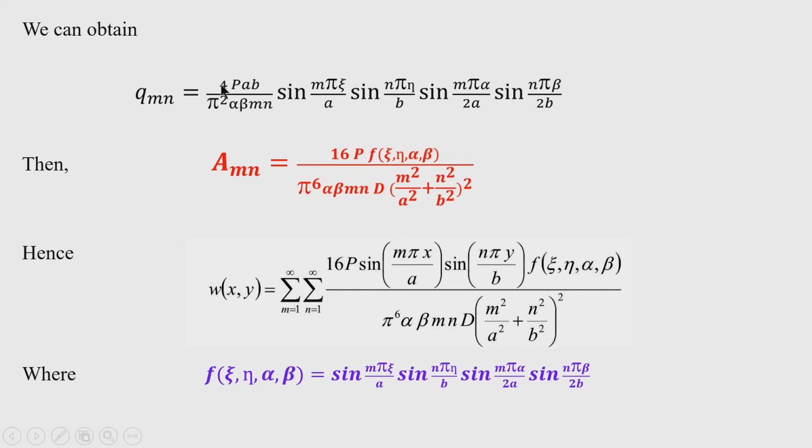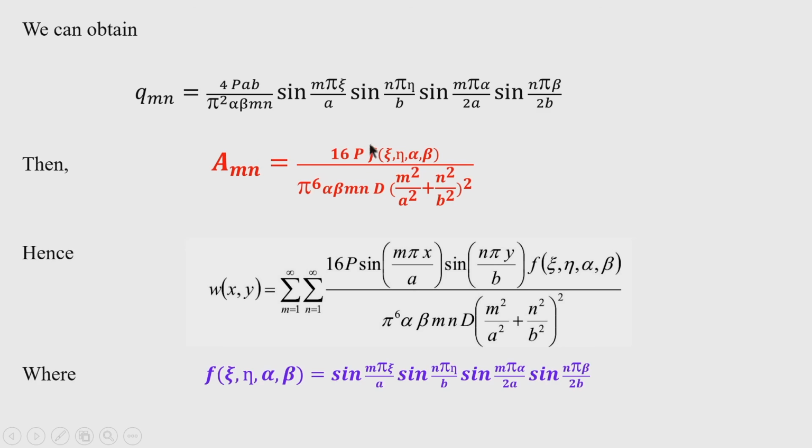So, 4 into 4 was there, so 16 is there, and a b will get cancelled. Ultimately we get 16 p divided by pi to the power 6 alpha beta m n into D (m square by a square plus n square by b square) whole square, and this function f of xi, eta, alpha, beta. Xi and eta are the coordinates of the center of the load, the centroid of the load, and alpha and beta are the dimensions of the load.